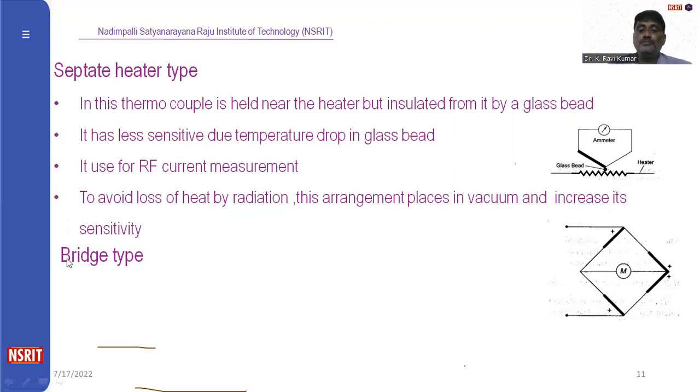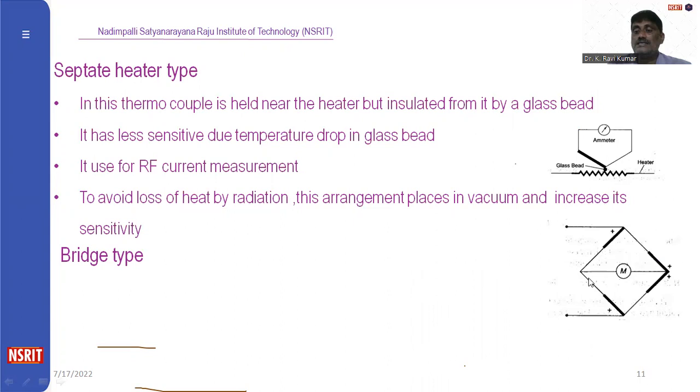The fourth one is the bridge type thermocouple. Here we are using four thermocouples, 1, 2, 3, and 4, in the form of a bridge. The galvanometer, that is the PMMC instrument, is connected in between these two terminals.